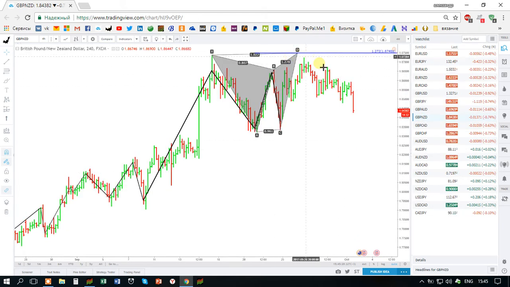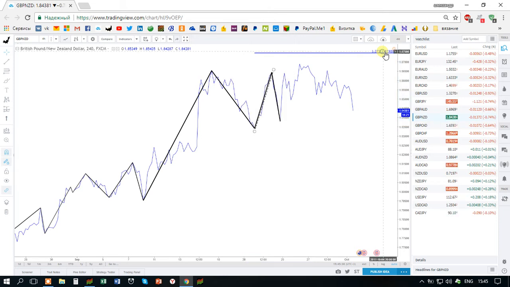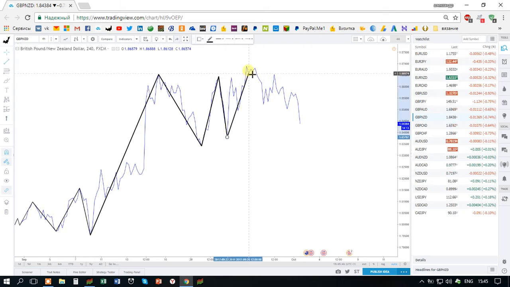Pound New Zealand, seems to me we won't ever have the completion of this pattern. So maybe it will never complete. I will draw it a bit later if it goes higher, but now I wanted it fresh. Go in here, then we go here and lower, so like this.